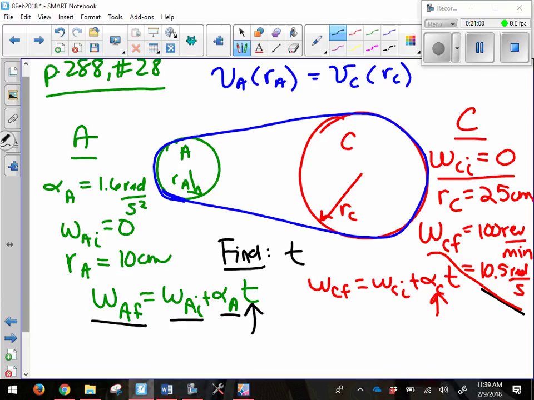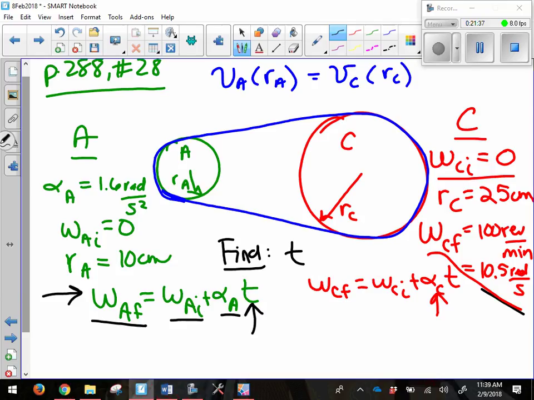But as the omniscient narrator, taking the side trip over here to find omega AF is probably going to be easier. So do we have any ideas on what that side trip will involve? I don't have any positions, so I'm not going to be able to use that.